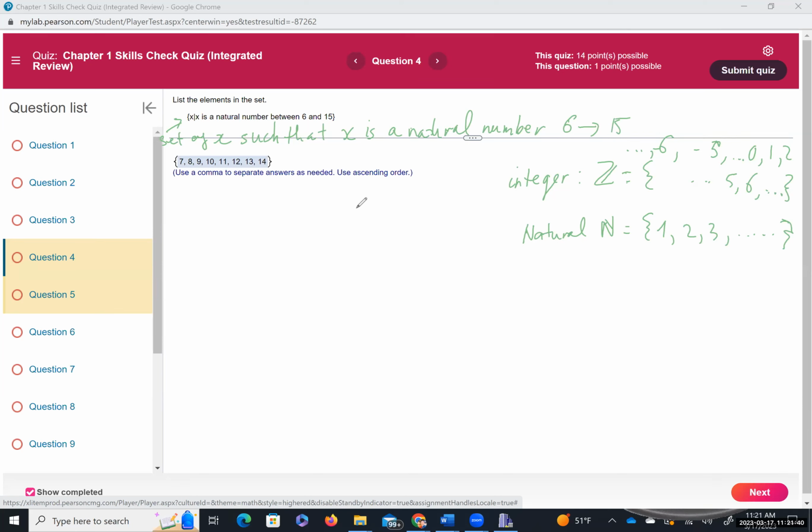That means you will write all the numbers but not include 6 and 15. So you're going to have 7, 8, 9, 10, 11, 12, and up to 14. Okay. So that's going to be the answer for this question. I'm going to move to the next.